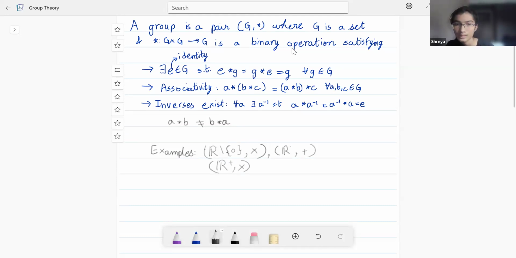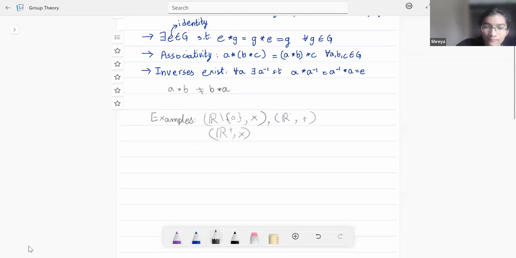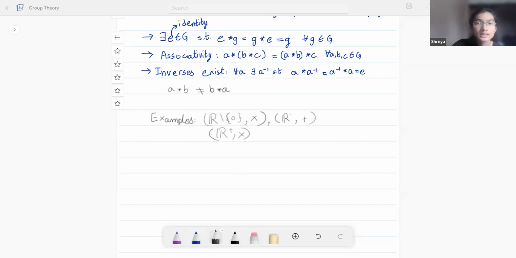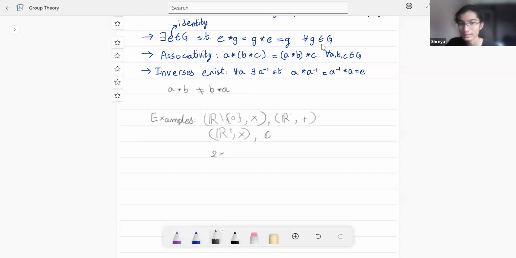Can you think of any other examples? Just think of any normal sort of multiplication and it will hopefully be a group. Okay. Yes, complex numbers are a group. Under what are these complex numbers under what? No, naturals under multiplication is not a group because inverses don't exist. For 2, you don't have anything that 2 times that is equal to 1.